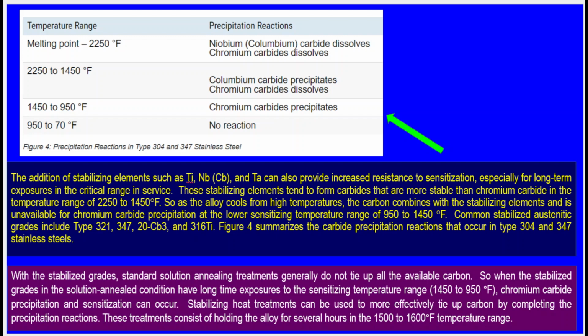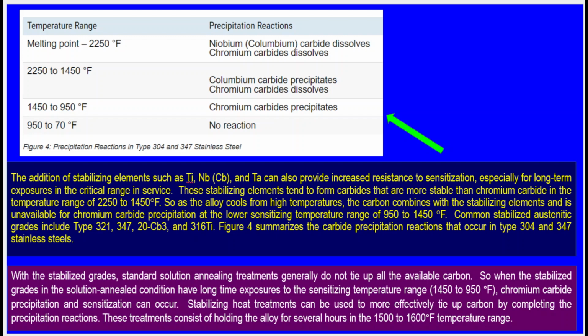At the temperature range of 2250 to 1450 degrees Fahrenheit, columbium carbide precipitates and chromium carbide dissolves. At 1450 to 950 degrees Fahrenheit, the precipitation reaction is chromium carbide precipitates. At 950 to 70 degrees Fahrenheit, there is no reaction.